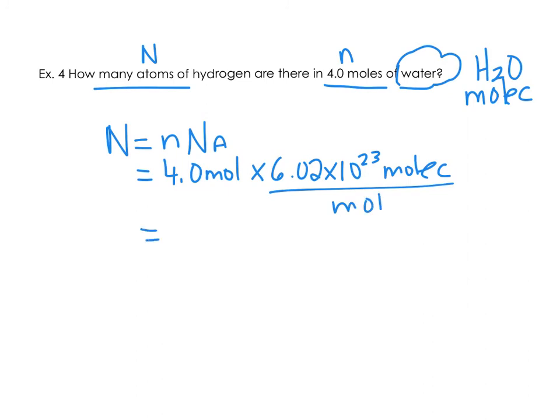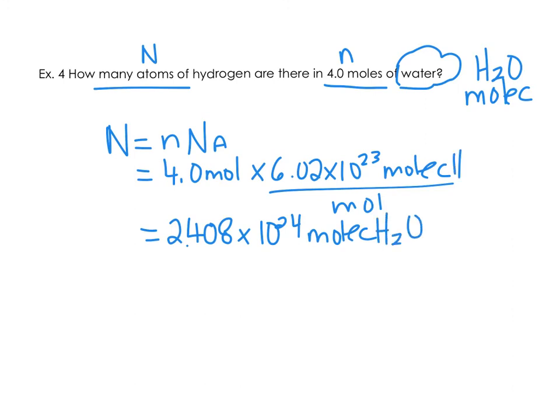So we have 24.08. So 2.408 times 10 to the 24 molecules of H2O. Now, don't round off yet.